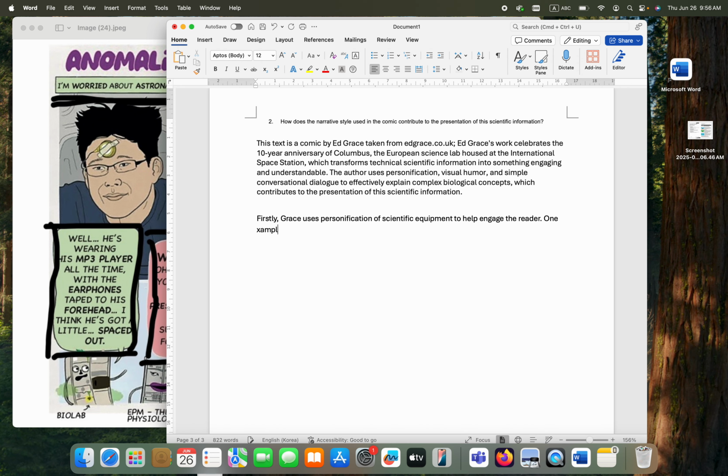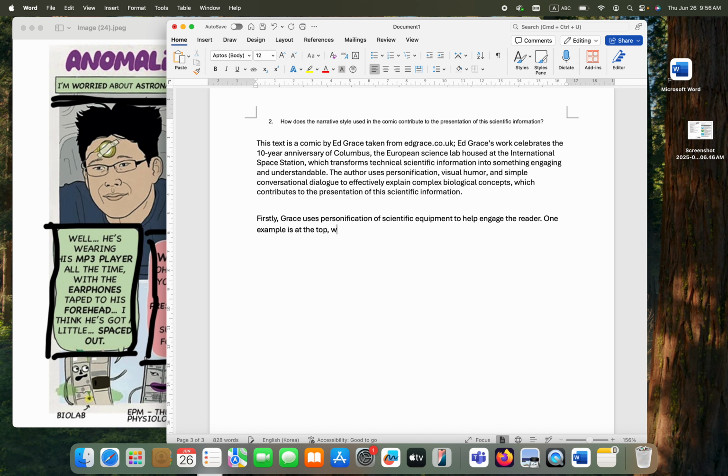One example is at the start. I'm going to just do 2 examples and 2 paragraphs for body paragraphs, just for the sake of time, for this text right here.